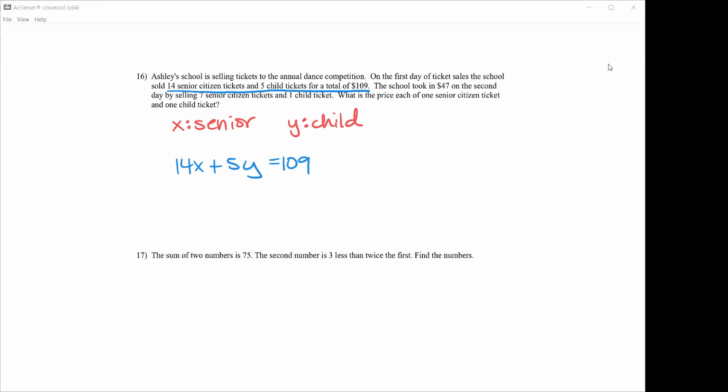And then the school took in $47 by selling 7 senior citizen tickets and 1 child ticket. So 7 senior citizen, 1 child for a total of $47. So again, you could use whatever method you wanted on this one. You could use substitution or elimination because of the 1 in front of the y right here. That'd be easy to do substitution.